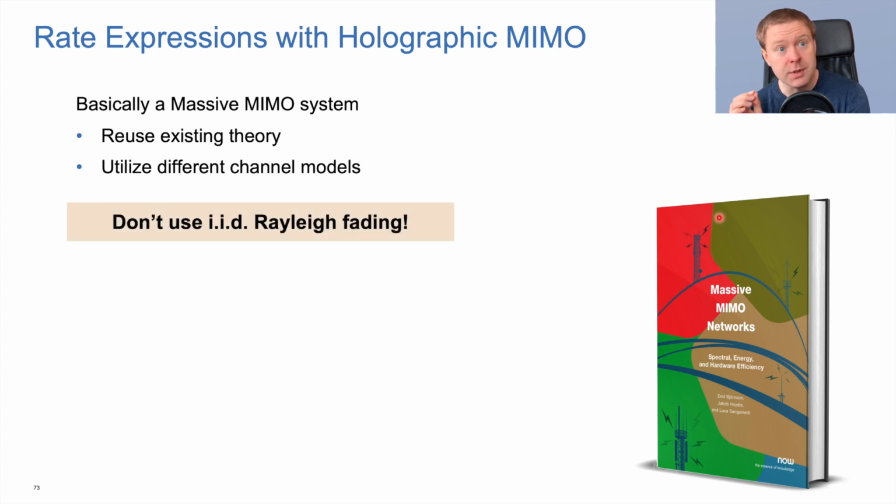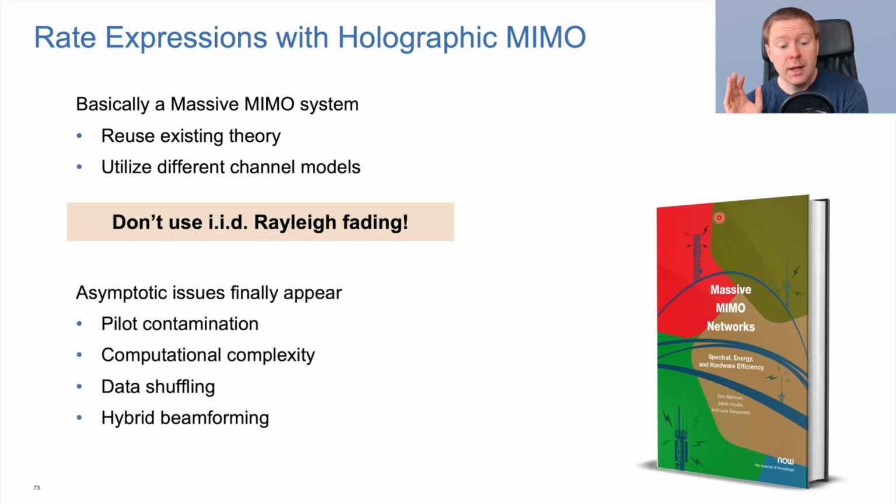We should not use i.i.d. Rayleigh fading models. And the asymptotic issues that people have been talking about for a long time, things like pilot contamination, computational complexity, shuffling around data between different elements, where we make measurements at one location and we're processing them elsewhere, that can be heavy to transmit at one point.